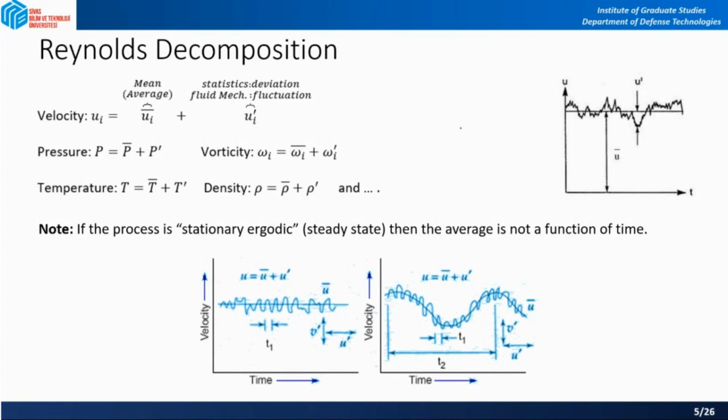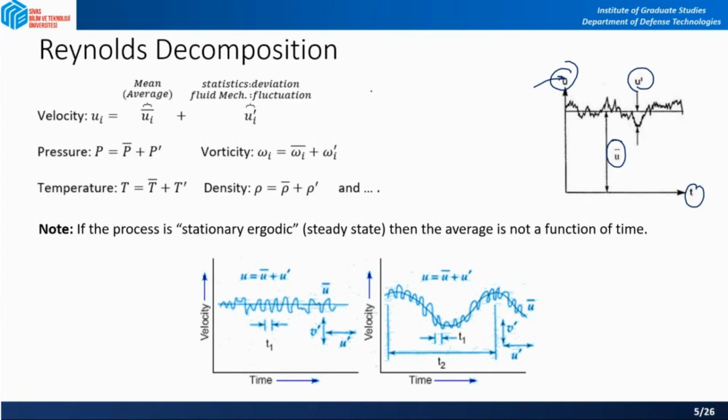So you see, for example, you have your velocity here and your velocity is changing with time. So you are recording your velocity and it is behaving like this. So what Reynolds suggested was that if you have your instantaneous velocity, you can decompose it into mean velocity and fluctuation part.